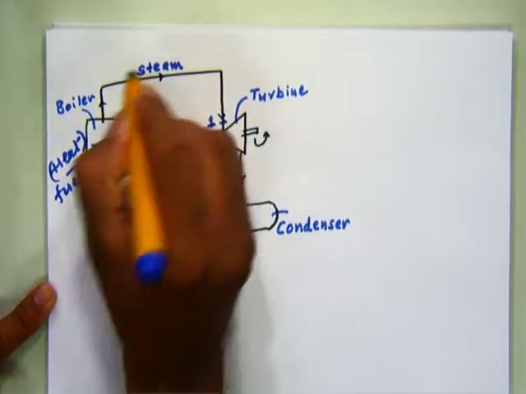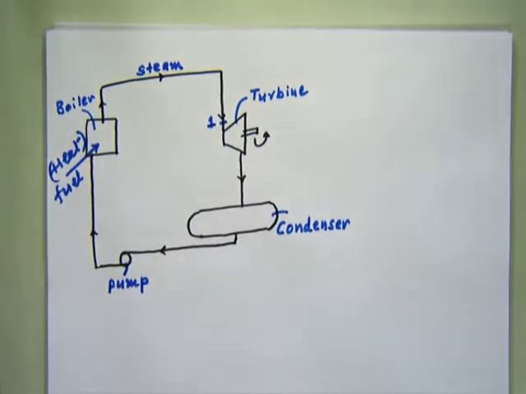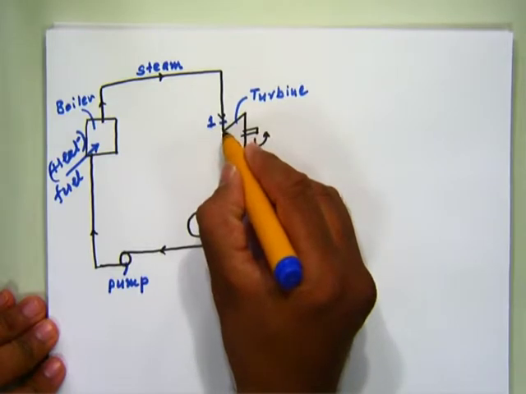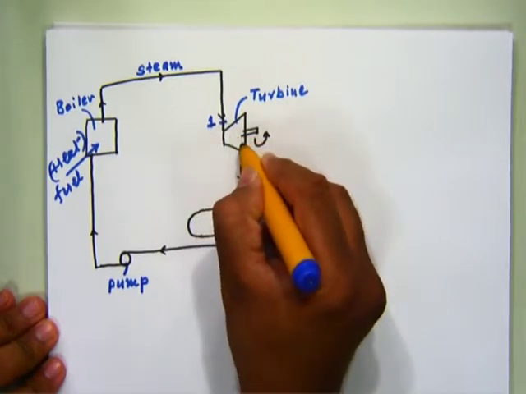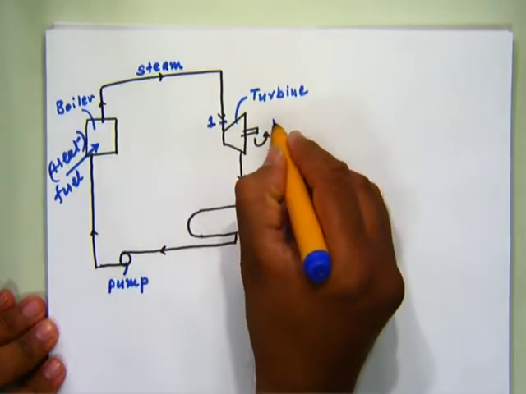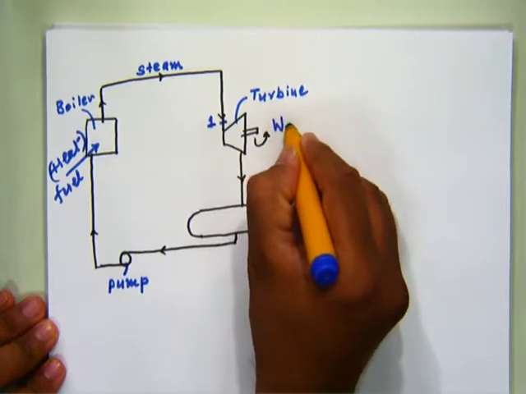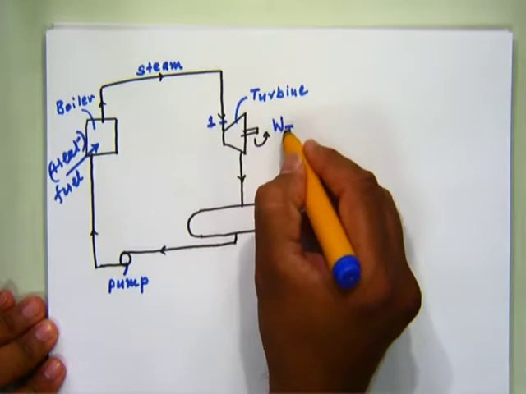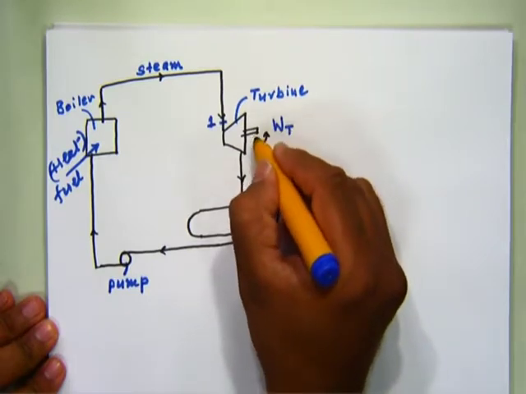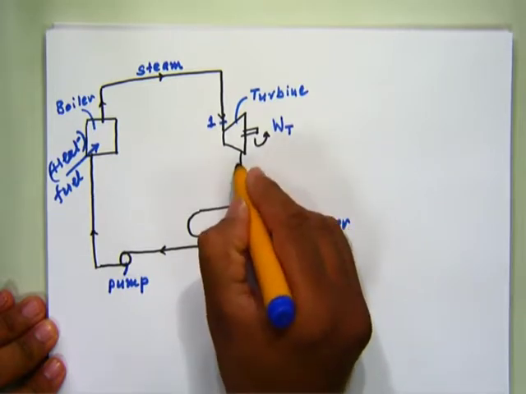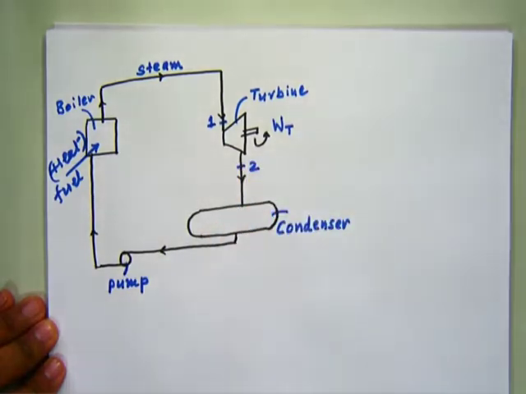Steam in the path. In the turbine, where high pressure, high temperature steam enters, expansion of the steam takes place. As a result, you will get work developed by the turbine, or you can say the output by the turbine at the turbine shaft, and the low pressure, low temperature steam leaves. This is at point 2.